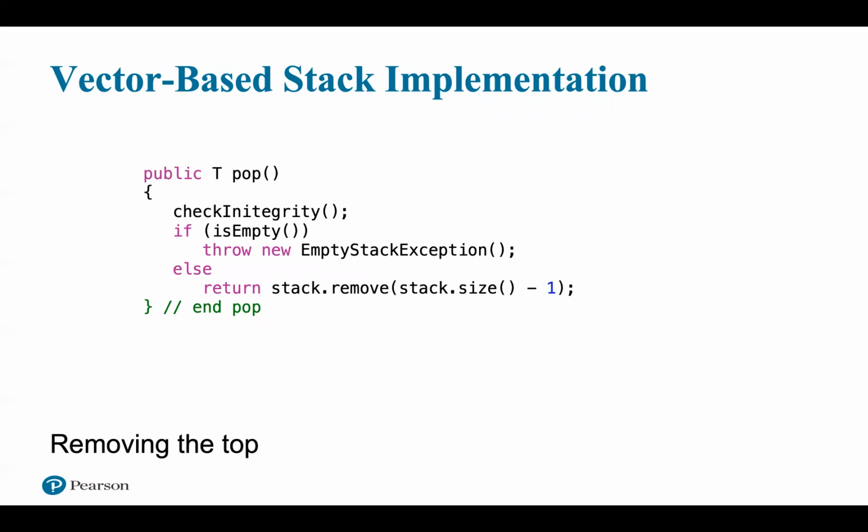And for removing the top, we can remove the stack's top entry by using the vector's method remove. The argument to this method is the index of the top entry in the vector, since the entry is at the top of the stack. This index is 1 less than the vector's current size.